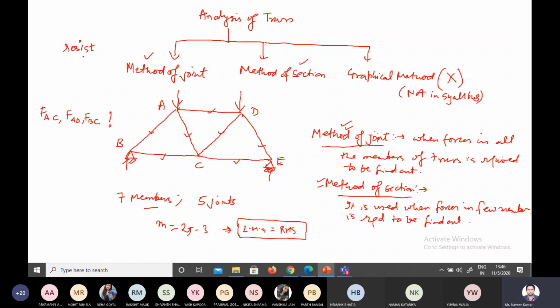Now comes a very important part, assumptions during analysis of truss. So whatever we are studying here, we are studying for the perfect truss.